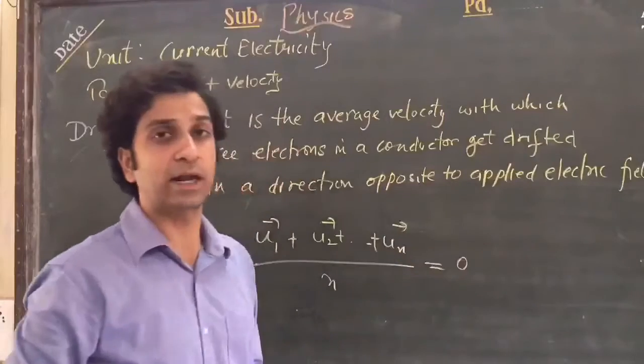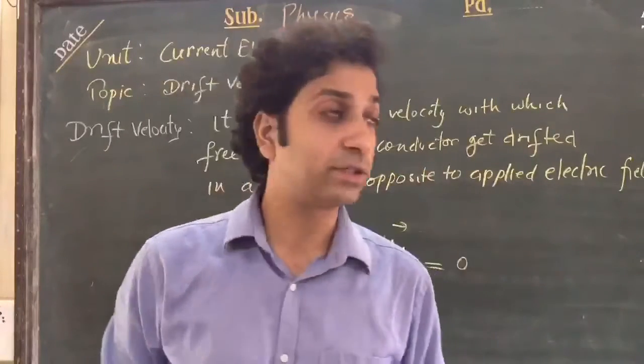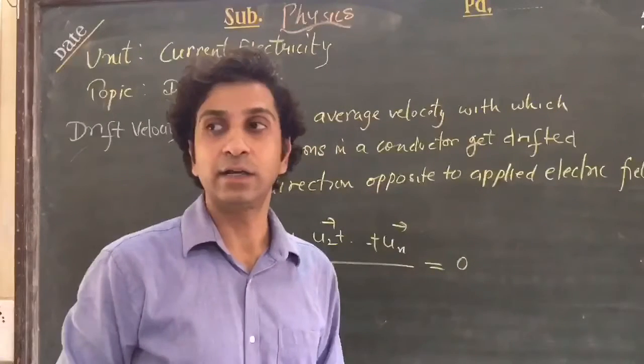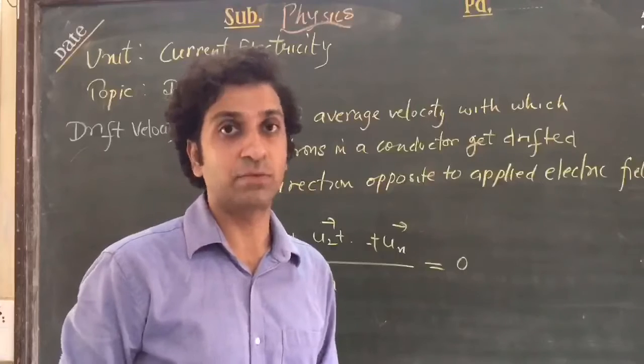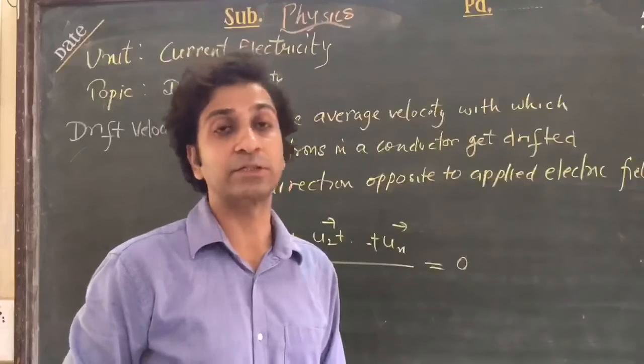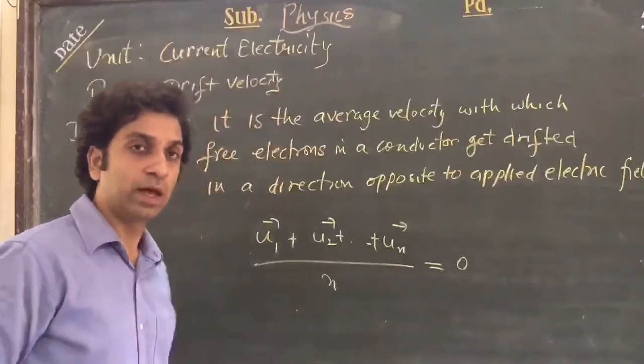So there is no electric field. I am just discussing this at room temperature, where the n electrons are moving randomly in all directions, and the average velocity comes out to be 0.